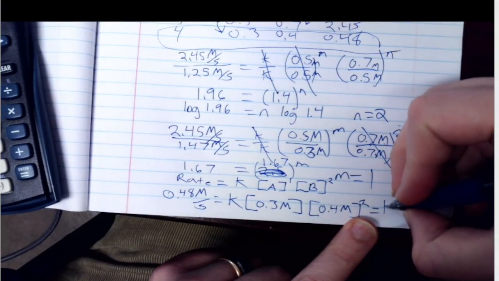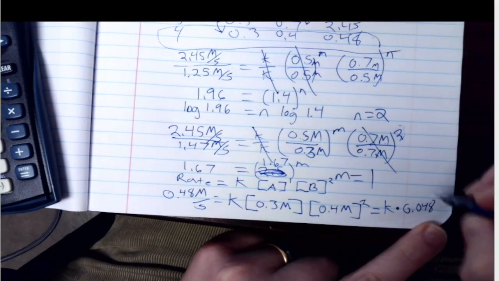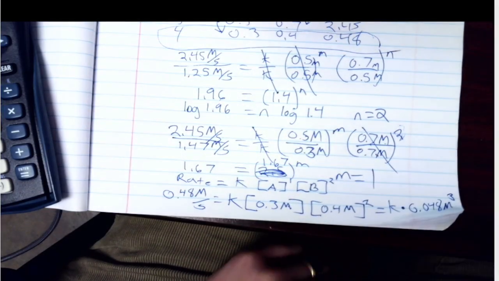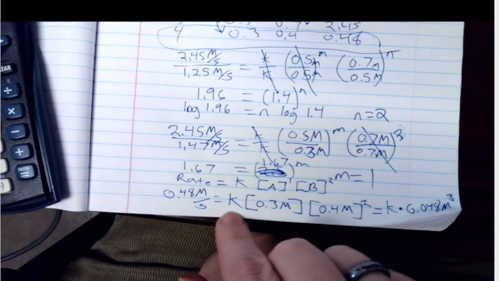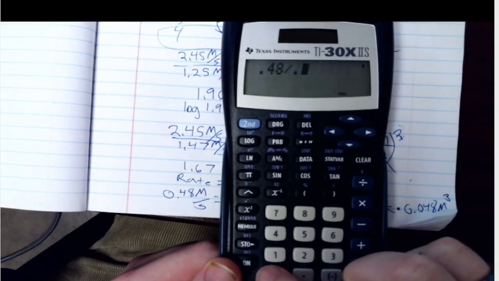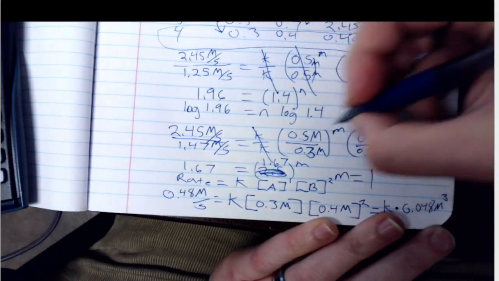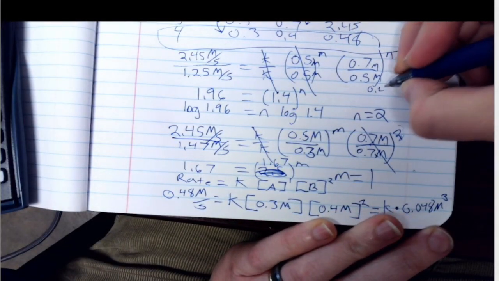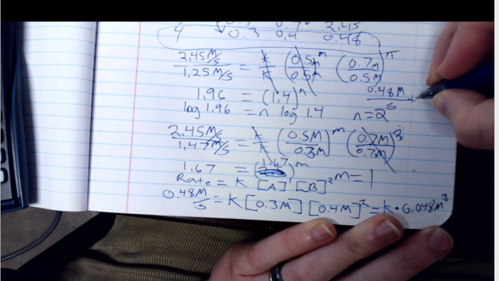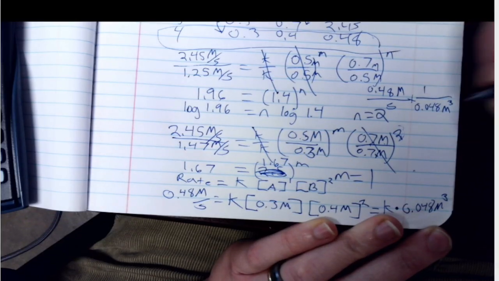So multiplying those together, 0.3 times 0.4 times 0.4, we have on this side k times 0.048. Now here's the trick. M times m times m is m cubed. So if I'm solving for k, I'm going to take 0.48 divided by 0.048. So I had to write up here 0.48 m over s times 1 over 0.048 m cubed.